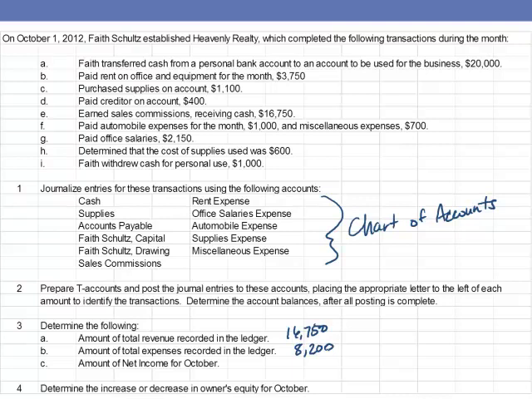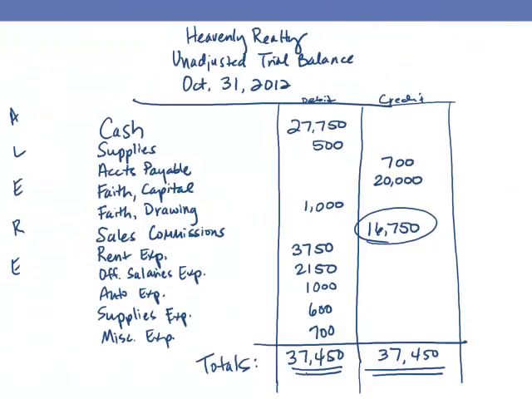What is net income? Well, that's revenues minus expenses, so we'd subtract those two. You get 8,550. Now we could do financial statements with these numbers. We would generally do a couple more steps before we do financials, like adjusting entries. But we could take revenues of 16,750 minus expenses, get the 8,550 of net income, do a statement of owner's equity, have beginning capital of 0, additional investment of 20,000, minus the 1,000 plus the 8,550.